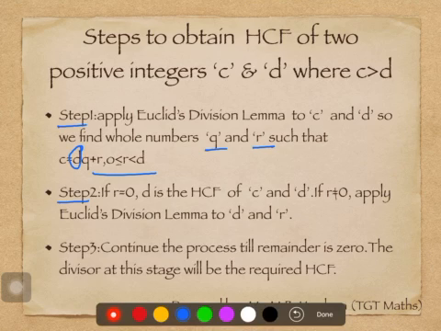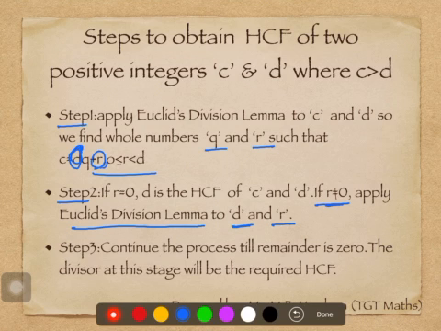Because the divisor is the HCF of the two numbers C and D when the remainder is 0. If the remainder is not 0, we have to apply Euclid's division lemma to D and R, the divisor and the remainder.